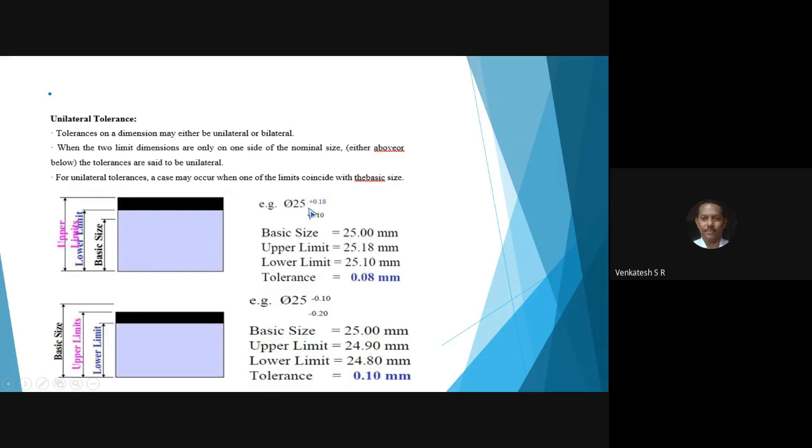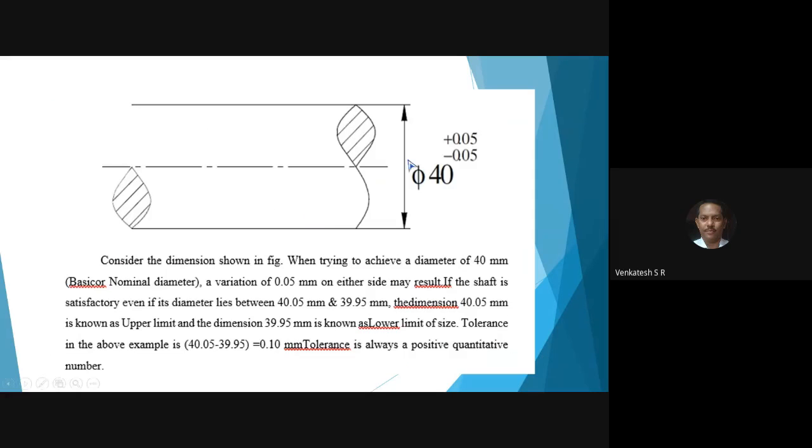If you write plus 0.18 above the 25 millimeter diameter and 0 below, that is called unilateral tolerance. Or you can write plus 0.18 and plus 0.10, both in the positive direction, then it is called unilateral tolerance. And here, this is bilateral tolerance.